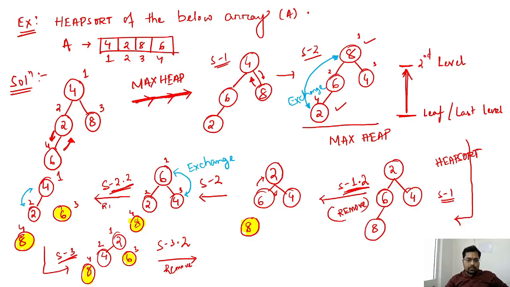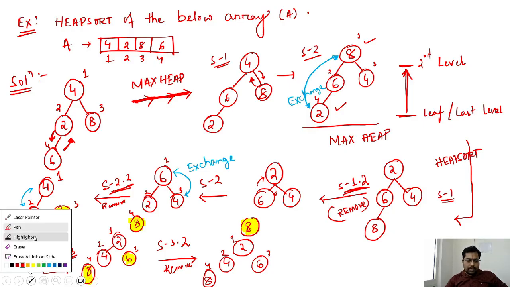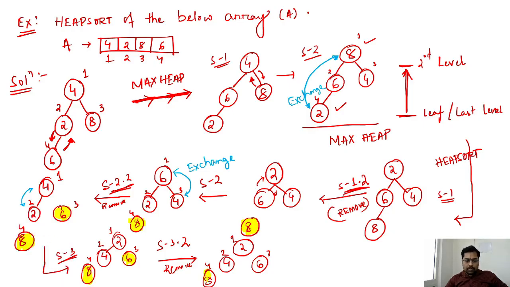Here also remove. Once you have done the max heap, then you exchange, then you remove. Once you have removed it, it will look like 2 at the top, 4, then 6, then 8. Once it is removed, you write 1, 2, 3, 4, and you highlight the deleted one. 8 is deleted first, next is 6, next is 4.